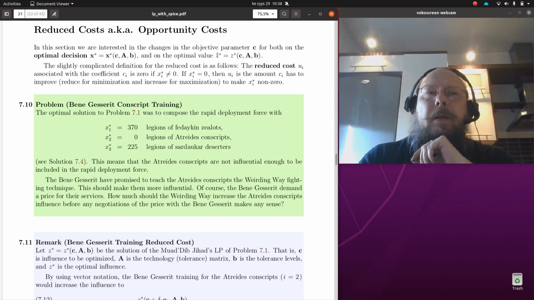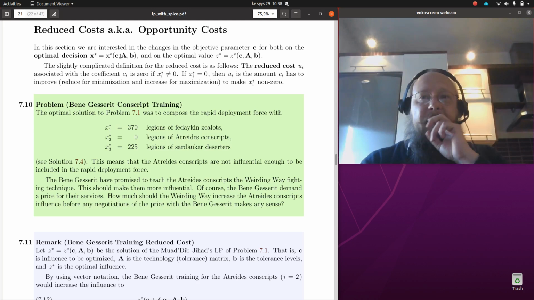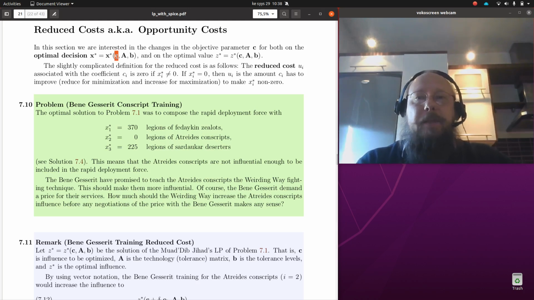The reduced costs, also known as opportunity costs, are more closely related to X star, the optimal decision, which again depends on parameters C, A and B. And now we are looking at the parameter C, and what happens when it changes.